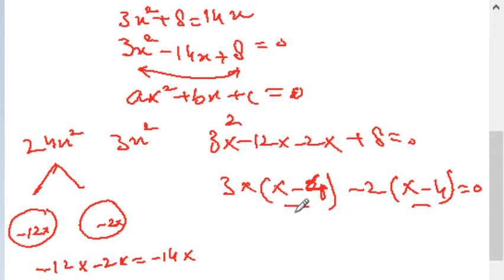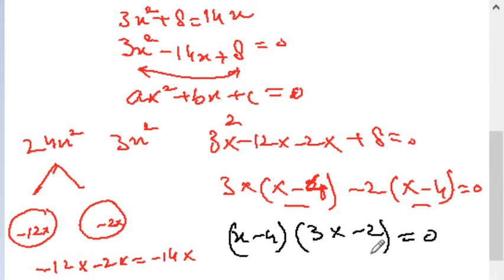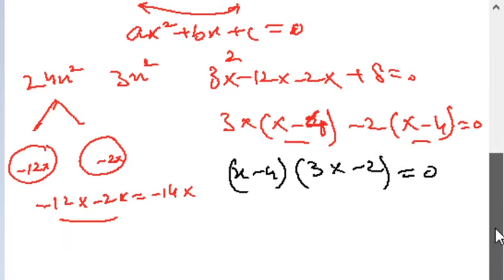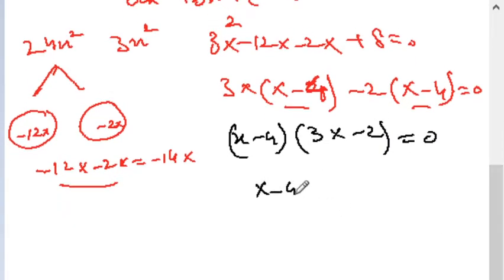Now see, x minus 4 is here, and x minus 4 is here. I can take x minus 4 as common. Here 3x is remaining and there is minus 2 remaining. So x minus 4 equal to 0 or 3x minus 2 equal to 0.